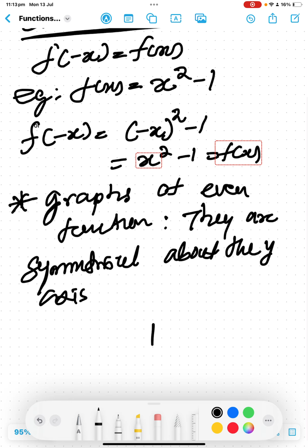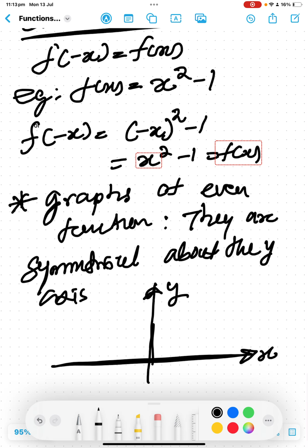What does that mean? Let's say this is the y-axis, this is the x-axis. So let's say this is the graph of f(x), and f(x) is an even function. So this is what happens. They are symmetrical about the y-axis.